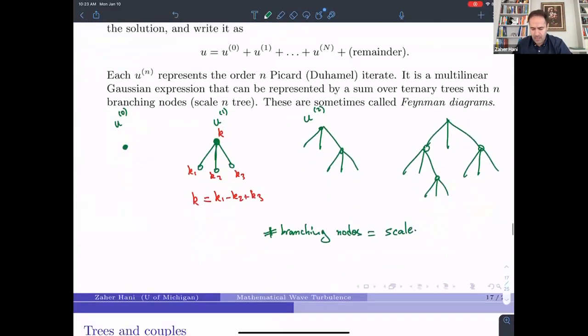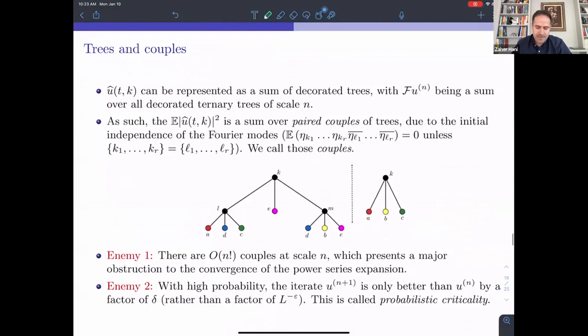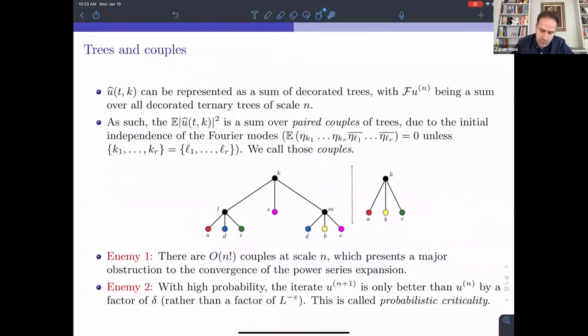So what we're doing effectively is expanding the solution of the NLS equation as a sum of decorated trees, where the Fourier transform of un is the sum of decorated ternary trees of scale n, which means that it has n branching nodes.